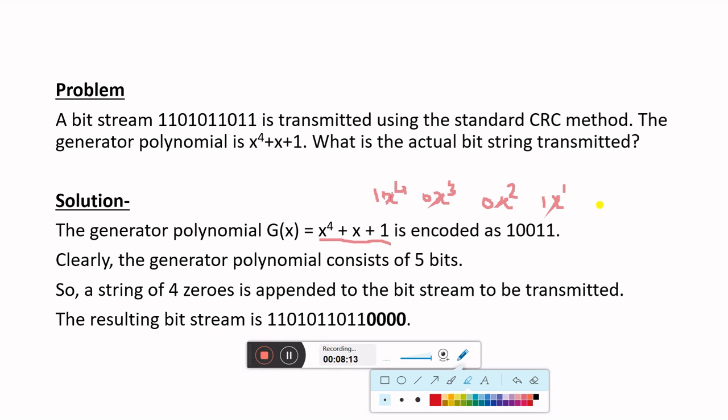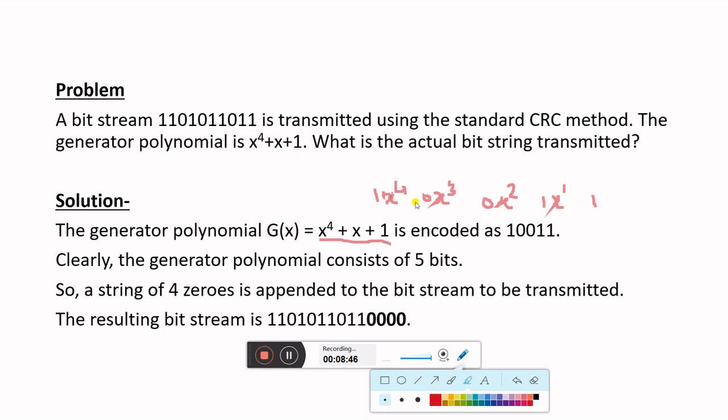And finally there is 1. So if we see here the coefficients of this x, this x to the power 4 plus x plus 1 can be written in this way also: 1x to the power 4 plus 0x cube plus 0x square plus 1x to the power 1 plus 1.